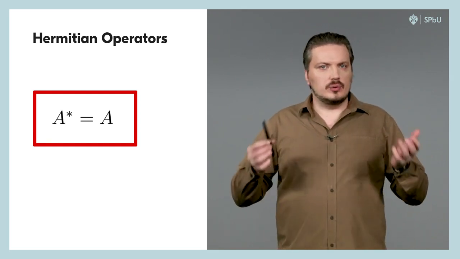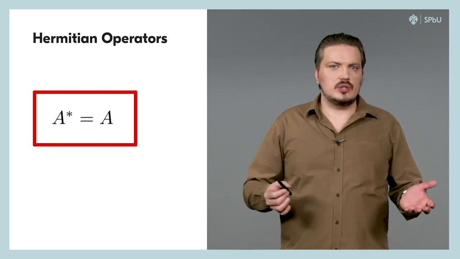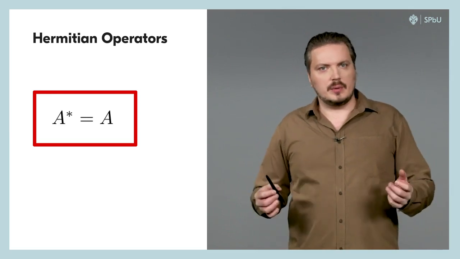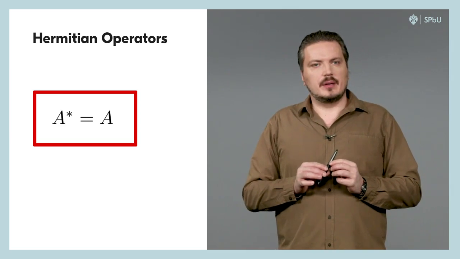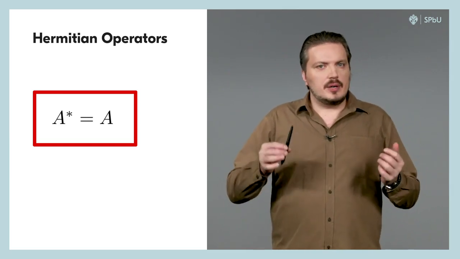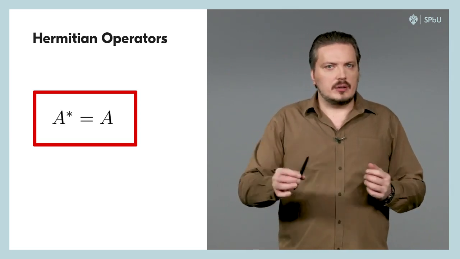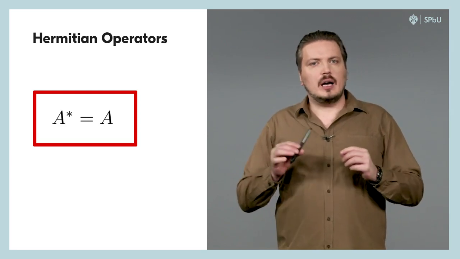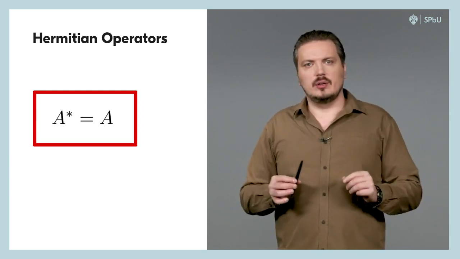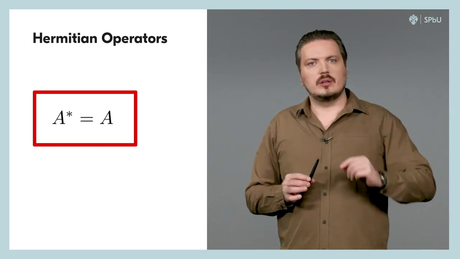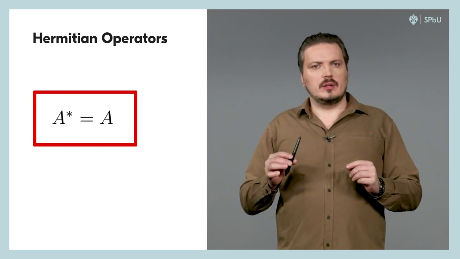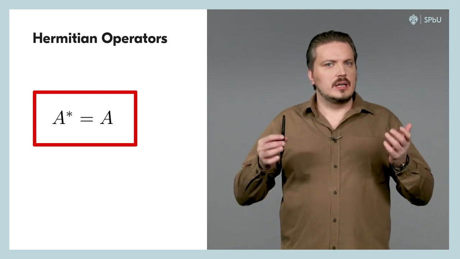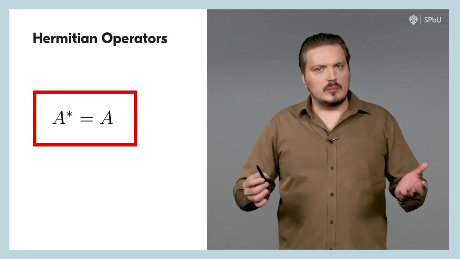The operators are neutral if, after transposition and conjugation of all the components, they stay the same operators. This type of operators, which are neutral with respect to Hermitian conjugation, are called self-adjoint or Hermitian operators. They are very important in quantum mechanics because they represent observables.